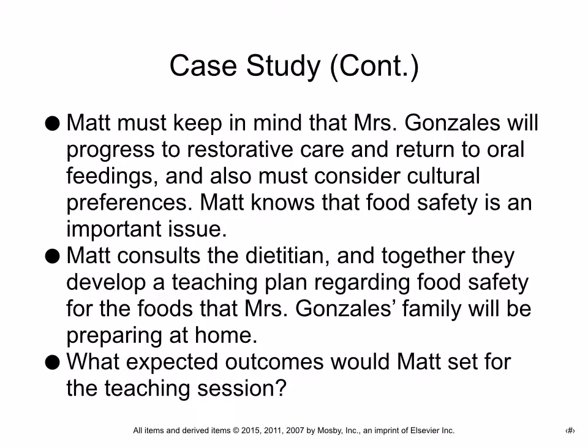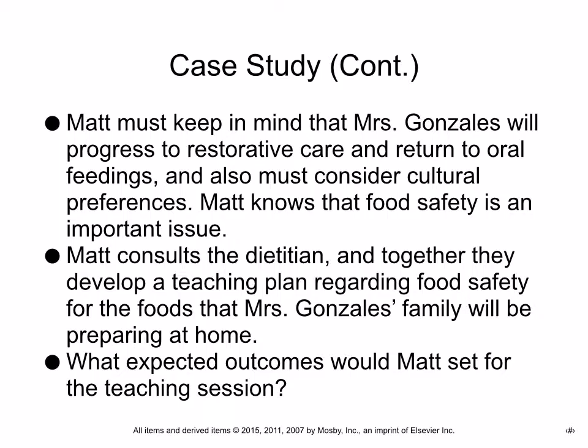In the earlier slide, we had goals for Ms. Gonzalez. In this slide, we have outcomes. The expected outcomes Matt has set for Ms. Gonzalez are that she will progress to restorative care and return to oral feeding. Until her swallow capability comes back, we will be using the tube feedings.